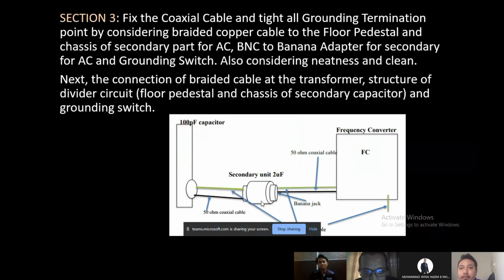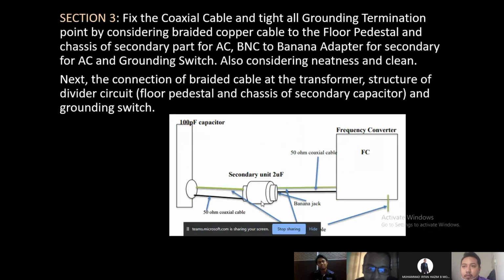Next is Section 3. Fix the coaxial cable and tie all grounding termination points by considering braided copper cable to the floor pedestal and chassis of the secondary part for AC, BNC to banana adapter for the secondary for AC, and grounding switch.